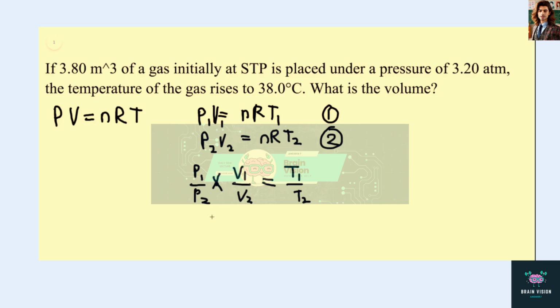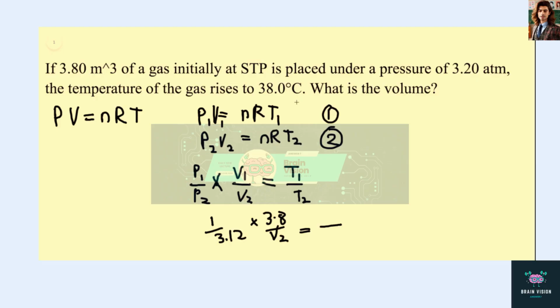So plugging in our current knowns, we have 1 over 3.2 multiplied by 3.8 meters cubed divided by V2, which we want to calculate, is equal to T1 over T2.